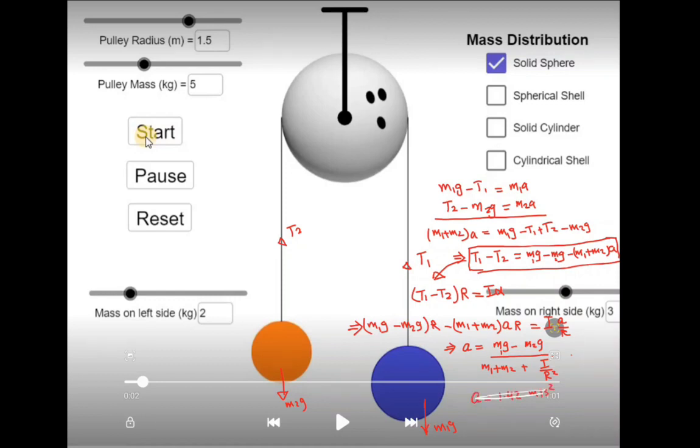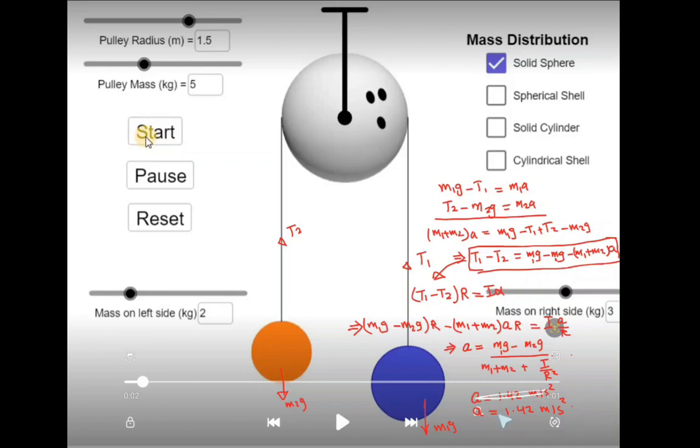now just substitute the numbers, you will get a equal to 1.42 meters per second squared.